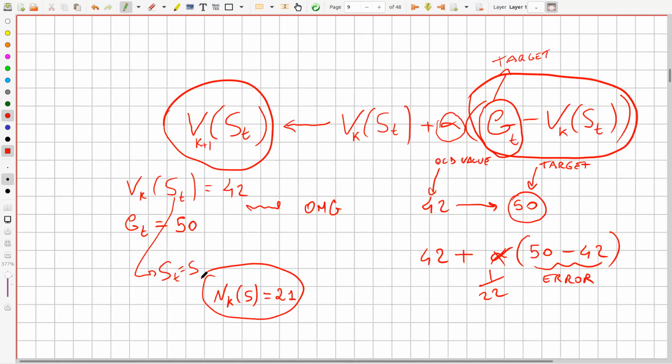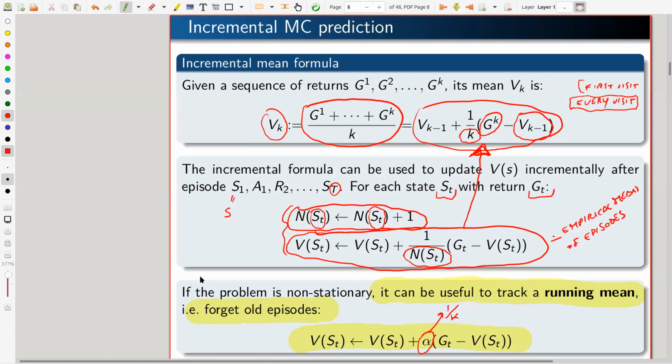Okay, and just the last thing, I was getting confused about the notation, why we have Gt this time. And in the formula you gave before, there was G with the 1 up, let's say. Yes, it's sort of confusing. This is a general formula, given a sequence of returns. These indexes are for the episodes.